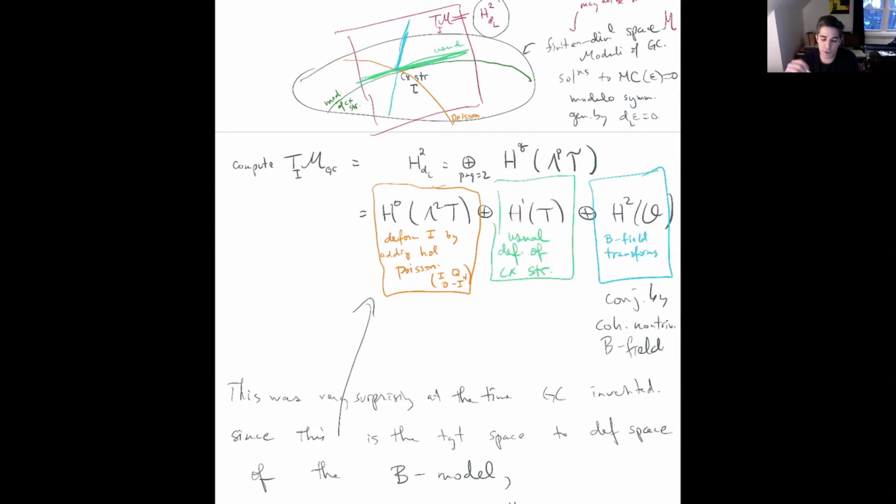But then you could also turn on that Poisson holomorphic symplectic form, and that would take care of this. And you could also do these B field transforms, like we said before. You could just apply a B field transformation to the generalized complex structure.